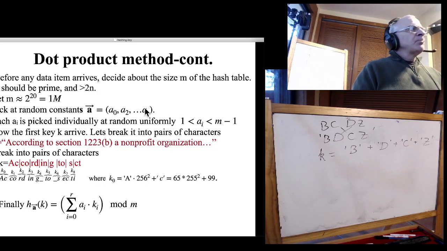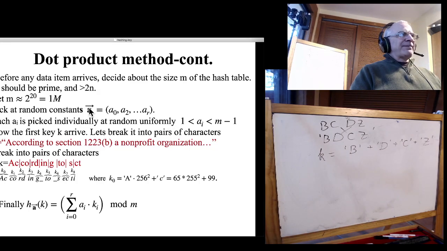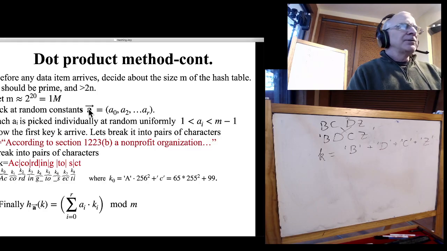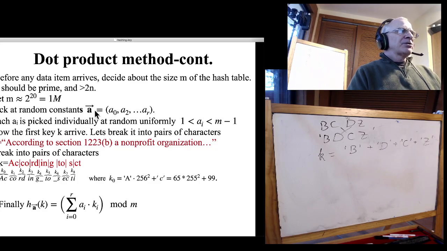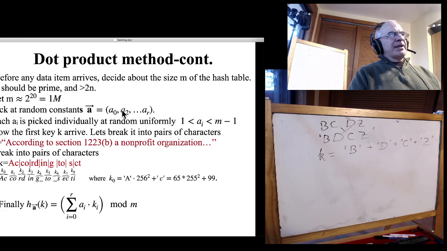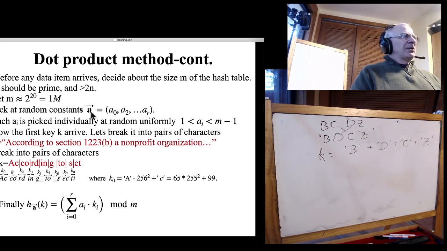Okay, and this is how I generate this vector A. If you didn't do vector calculus, it's fine. Don't worry about it. I'm using the vector A just to highlight that it's not one constant, but an ordered sequence of constants. I care about the order and it's multiple numbers. That's the only reason I'm adding the vector sign over here and making it boldface.